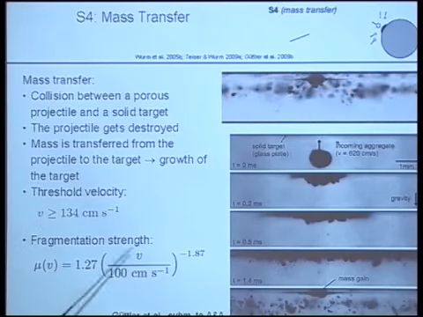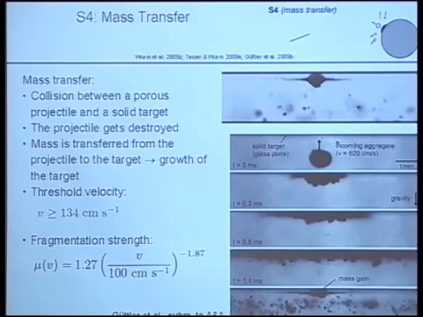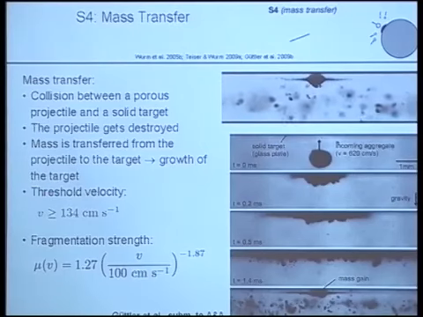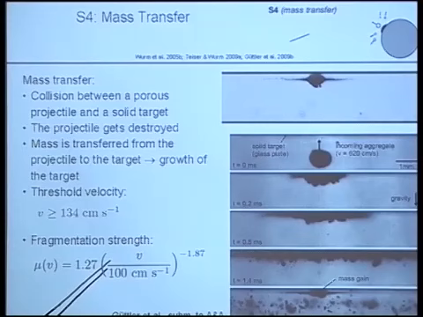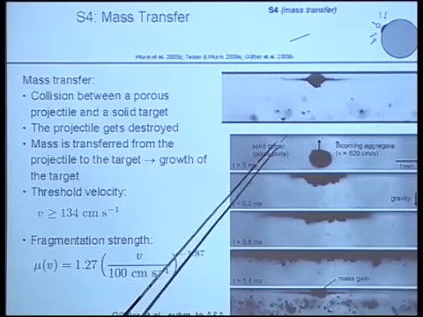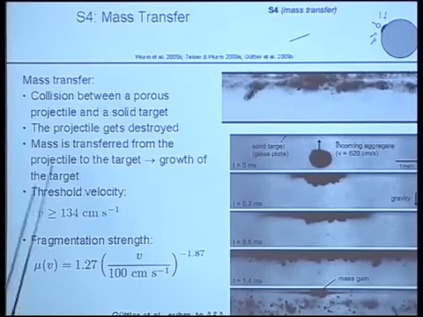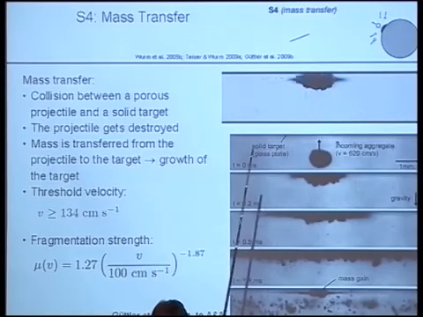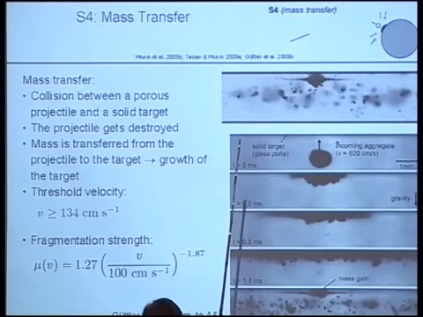And we also follow the distribution of masses of the fragments, and we define the fragmentation strength, giving the mass of the largest fragment and the power law mass distribution of the fragments. So we can quantitatively describe at a certain velocity range for some certain porosity and mass ranges this process.